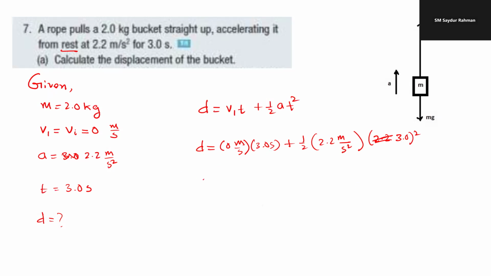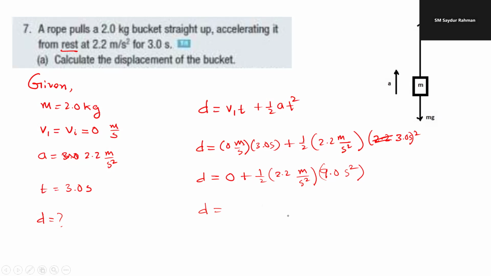The first term will be 0 because something multiplied by 0 is 0. Then the second term is half times 2.2 meter per second square times, if you square 3, 9.0 second square. So if you multiply all of them, you will get your answer.